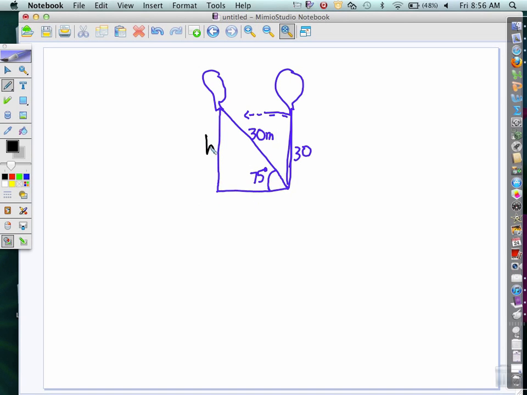Well, what I know is that the height is the opposite side. 30 is the hypotenuse, so we can go sine of 75 degrees equals h over 30 meters. And you would cross multiply, sine 75 times 30, so height would equal, and you can go ahead and round maybe to the nearest hundredth, 28.98 meters.